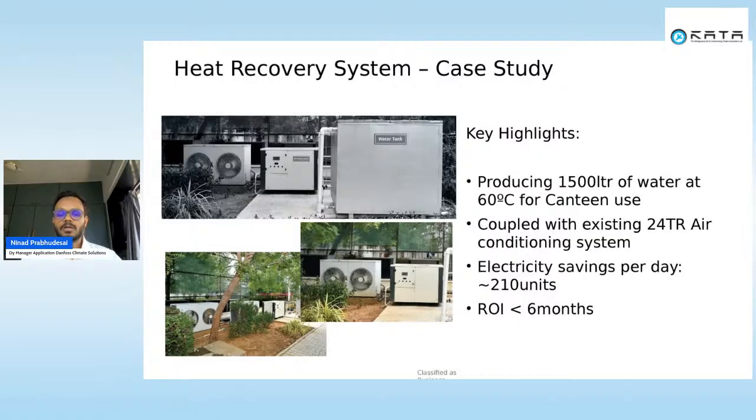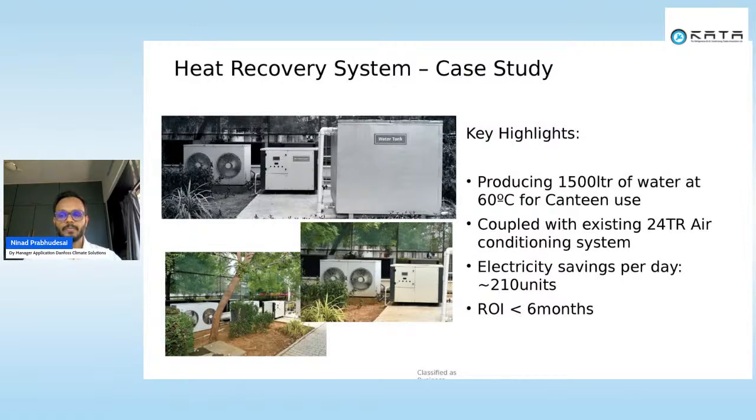With this, I would say we also have ready-made catalogs, where you can simply go and select if you have a 2 TR system, a 5 TR system, or a 10 TR system, what components are to be used, the sizing, the models, everything is ready. So the heat recovery unit catalog is available.